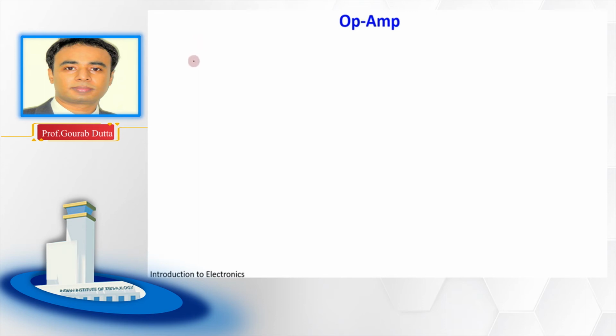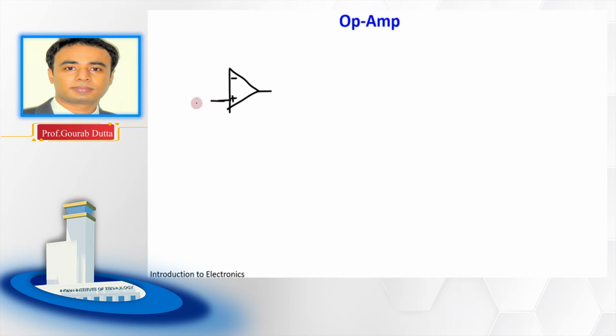Okay, let us then discuss another type of op-amp circuit where we will use a diode at the output. Let us see how. So this is the op-amp, inverting terminal, non-inverting terminal, output.